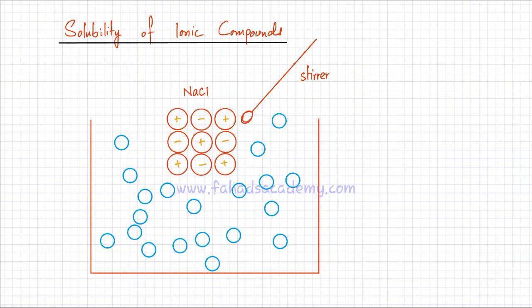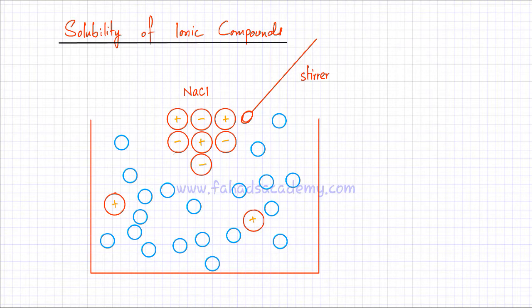Immediately when I use force and start stirring, this ionic lattice is going to break and all the ions are going to separate. Because I'm stirring it with some energy and force, the ions would dissociate and go in different directions, and they're going to mix with the water molecules which are present over here.